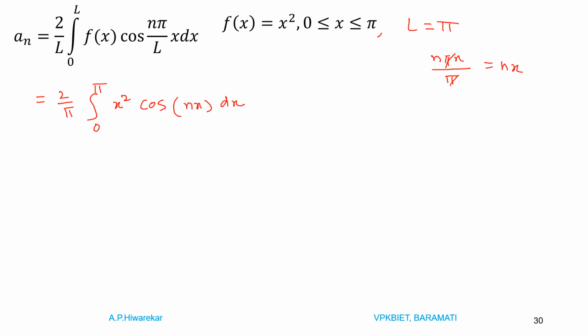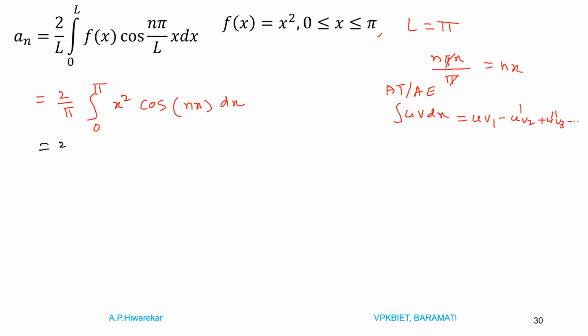To simplify it further, we use integration of uv dx, when the function is algebraic into trigonometric or algebraic into exponential, it is u v1 minus u dash v2 plus u double dash v3 and so on.